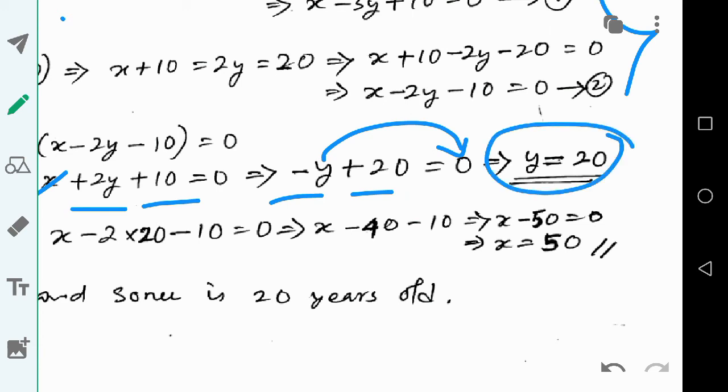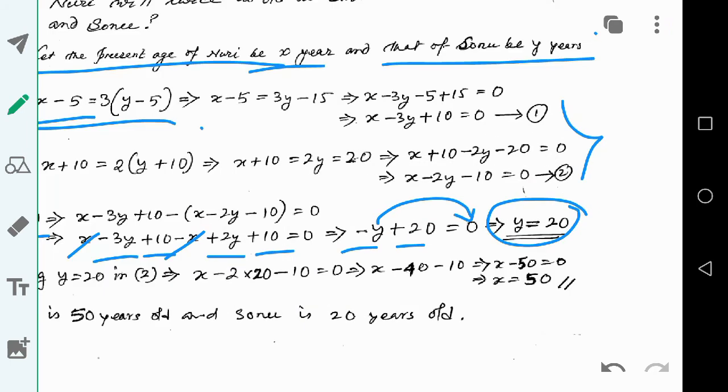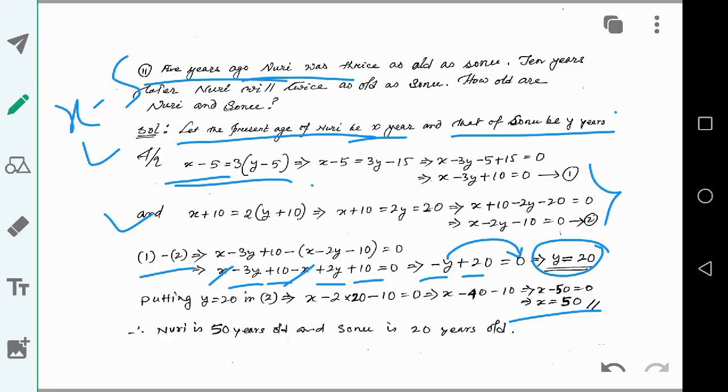Similarly, putting the value of y in equation number 2, just replace y by 20, then you will get x is equal to 50. So x was the age of Nuri. So Nuri is 50 years old and Sonu is 20 years old.